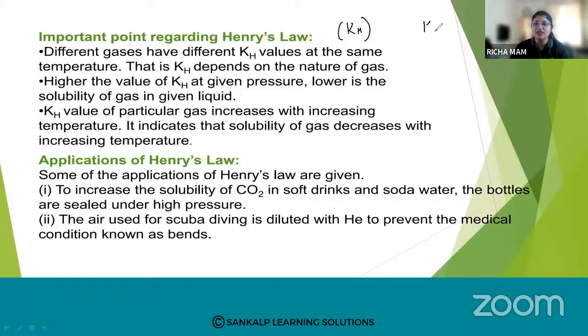The value of KH depends on the nature of the gas. This is the first one. So it depends on the nature of the gas, and you know the condition is at constant temperature.